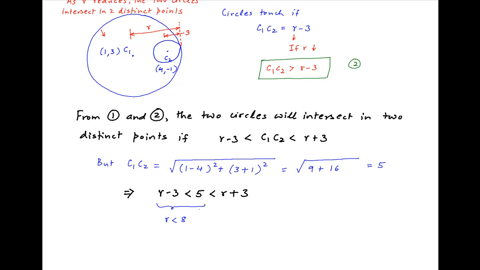The first inequality implies that r is less than 8 and the second inequality implies that r is greater than 2. Therefore, the radius of the first circle r must lie between 2 and 8 for the two circles to cut each other at two distinct points.